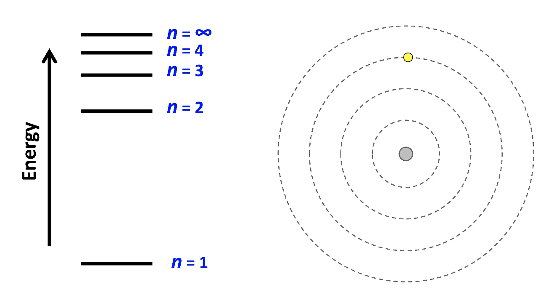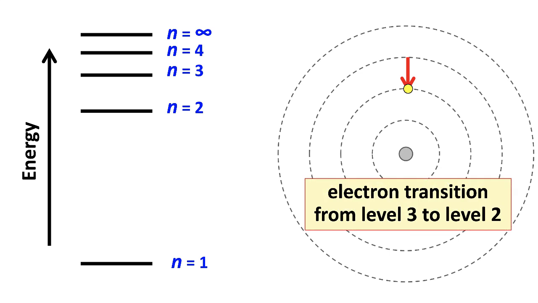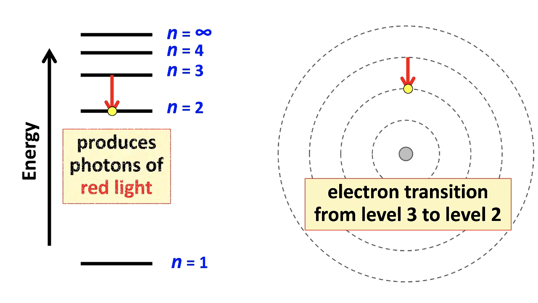If we now look at an electron being in energy level 3 and going to level 2, so there's the orbit picture for the level 3 to 2 transition. Here's the energy level diagram picture for the transition from level 3 to 2. That happens to be a photon of red light that we can see.